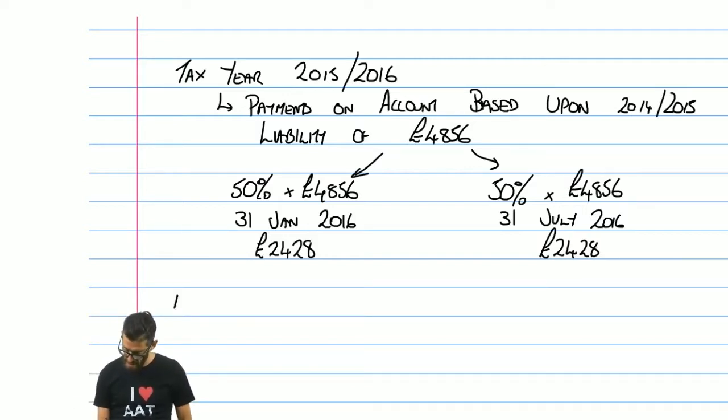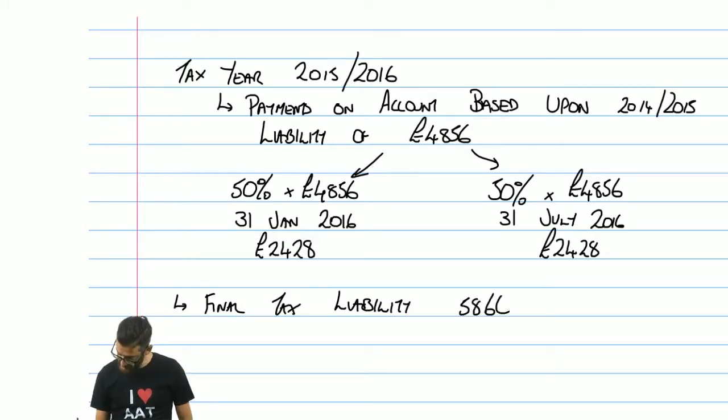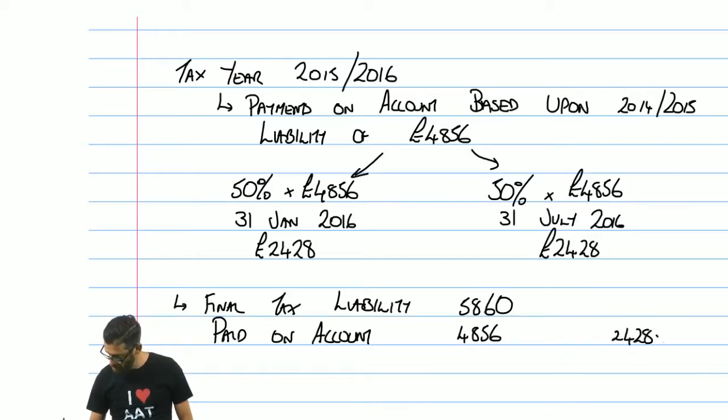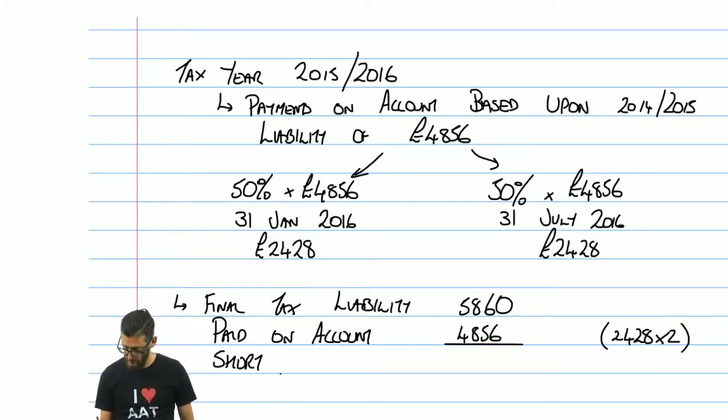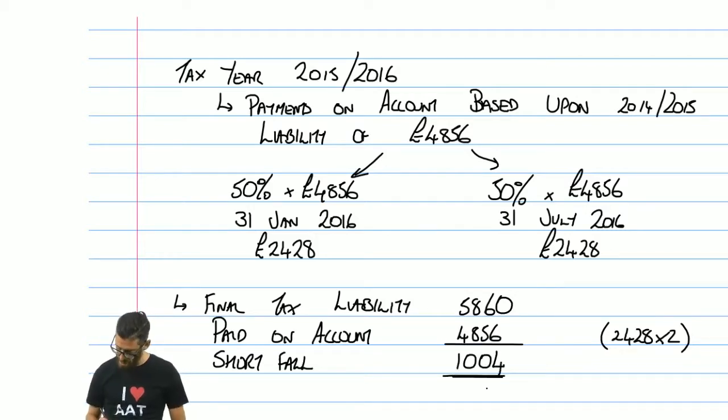We then had, again, a final tax liability of 5860. We had paid on account 4856, being the 2428 times 2, which means that we have a shortfall of 1004.